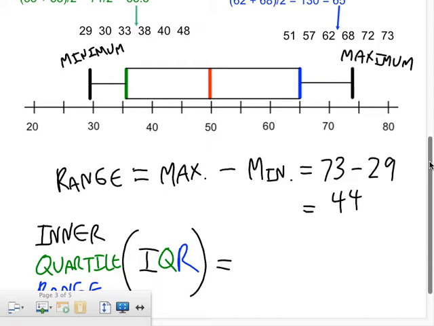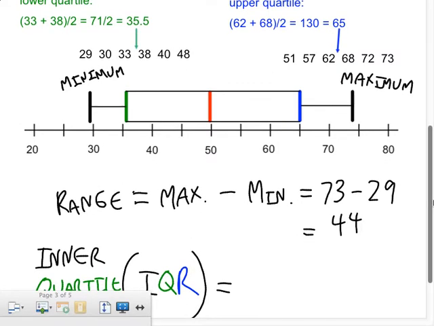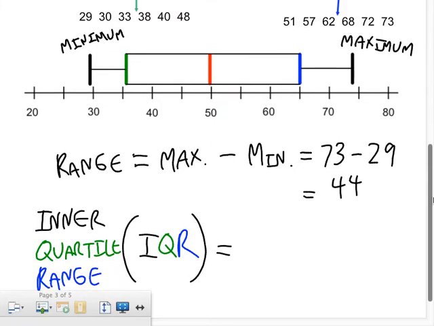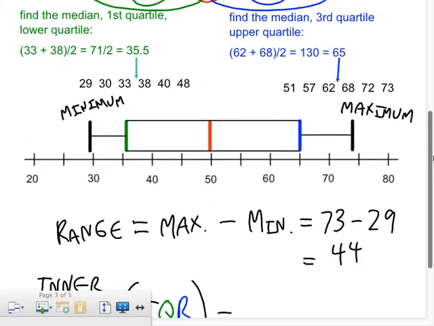What am I subtracting to find the interquartile range? Trinity? You're going to take away the lower quartile from the upper quartile.